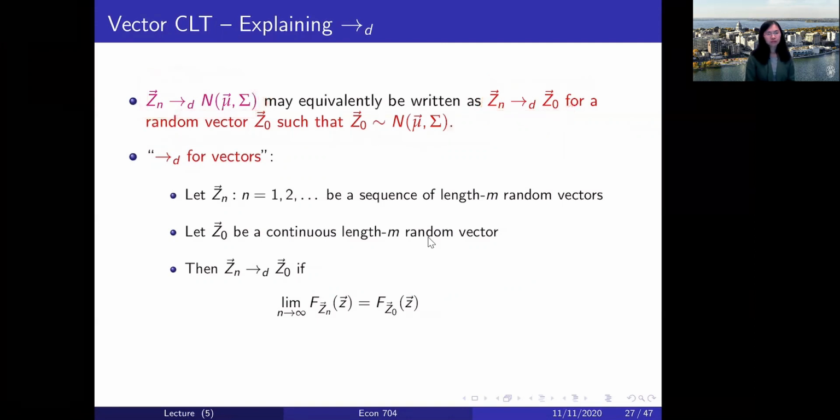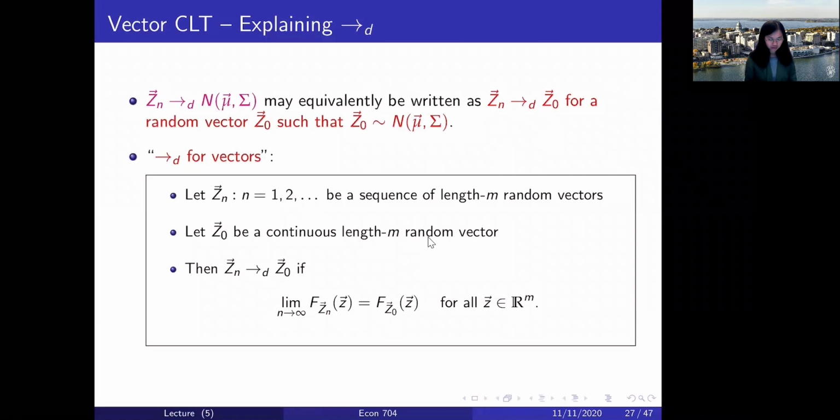And what do we mean by converging in distribution for a sequence of random vectors instead of scalars? That simply means the convergence of the CDF of the random vector, or the joint CDF of all the variables in that vector. So convergence in distribution for vectors simply means the convergence of the CDF. All right, so that's the vector central limit theorem.